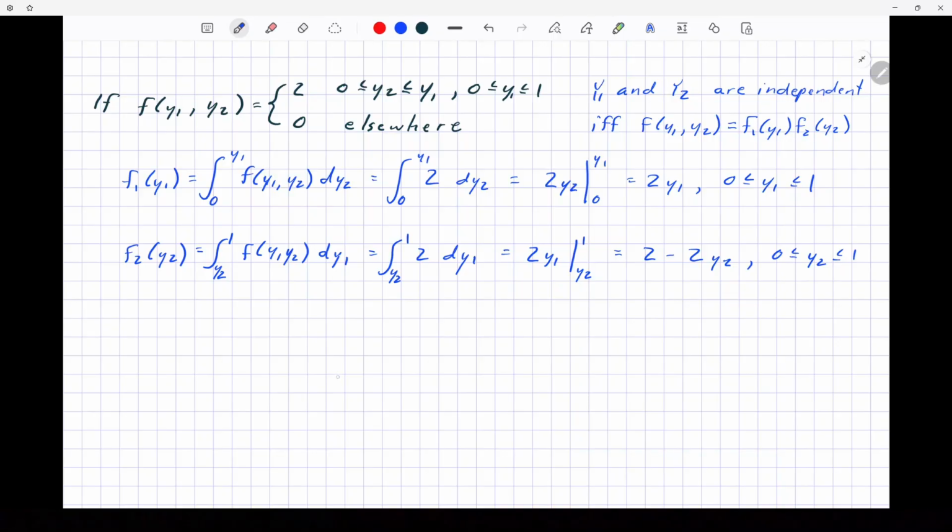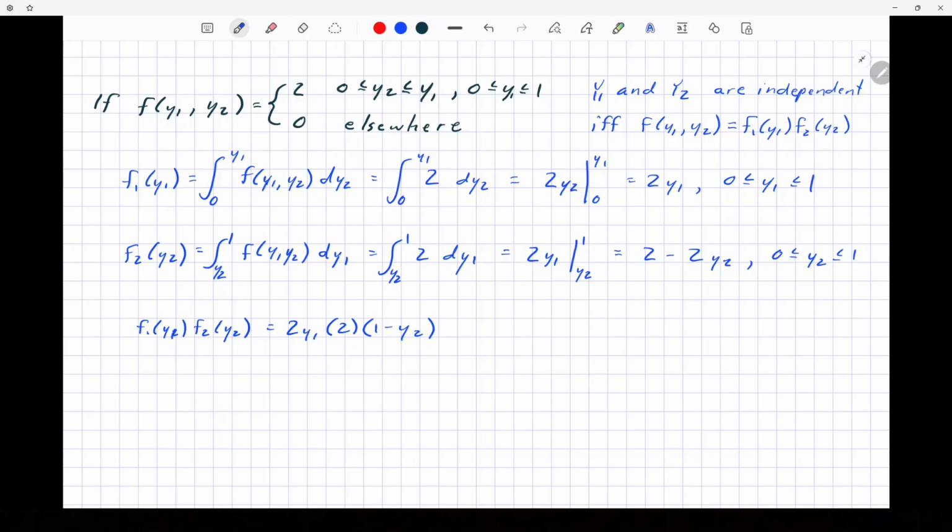So all that really remains for us to do is now look at the product of those two and see if it's equal to 2. See if we can somehow coerce it into that. So in this case, we have 2y1 times 2 times 1 minus y2.